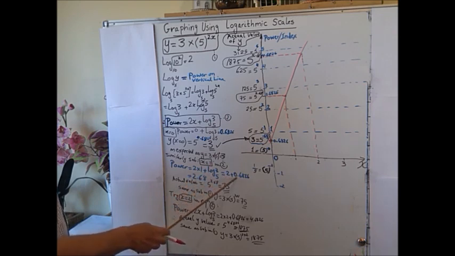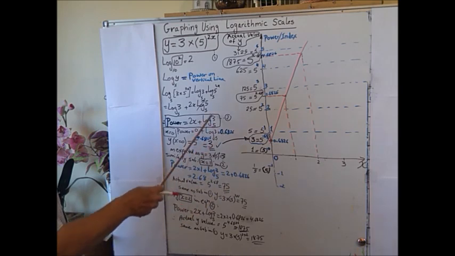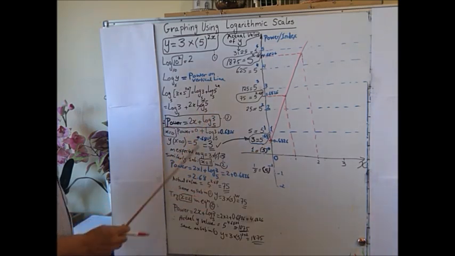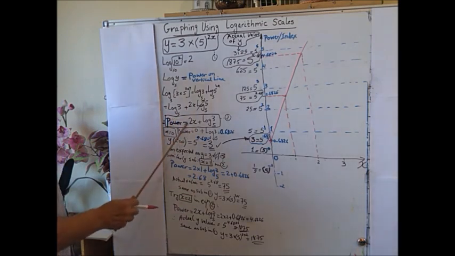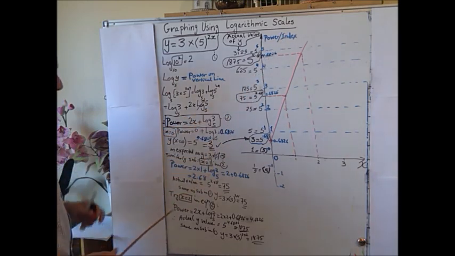So it's 2 plus 0.6826, the same as what we got before. This is constant, like the y-intercept for the power function. Since the power is a straight line, it should give you a straight line.